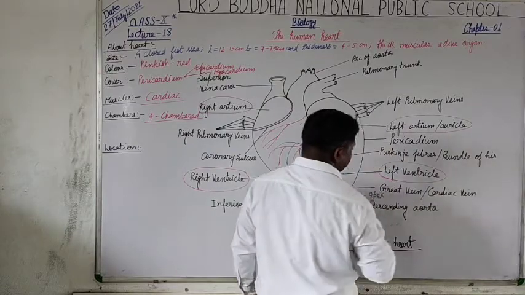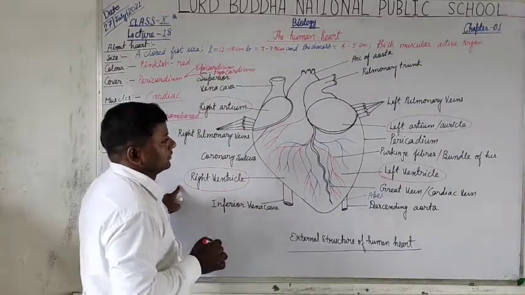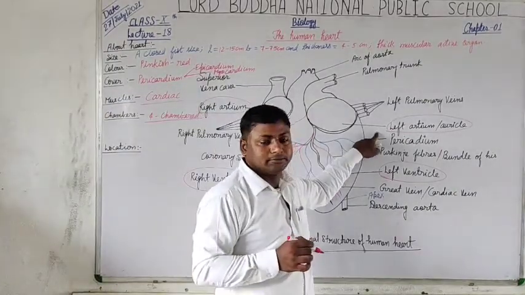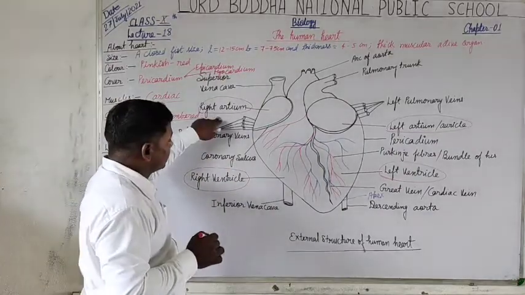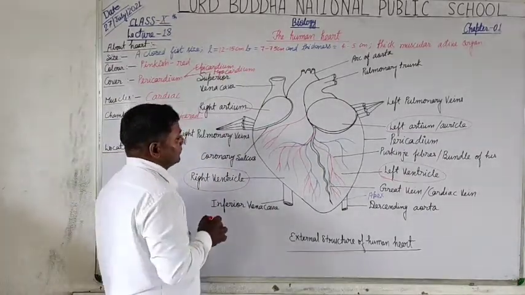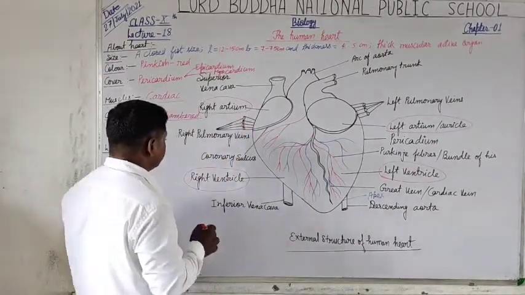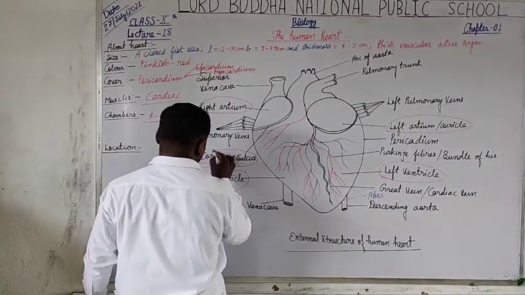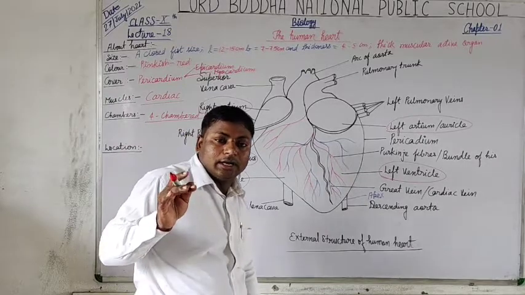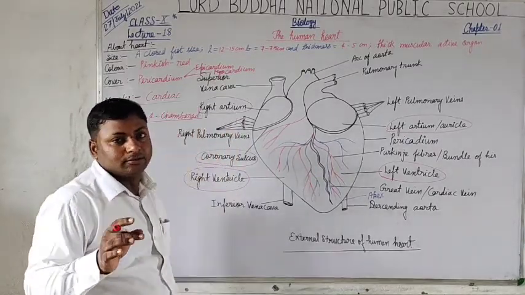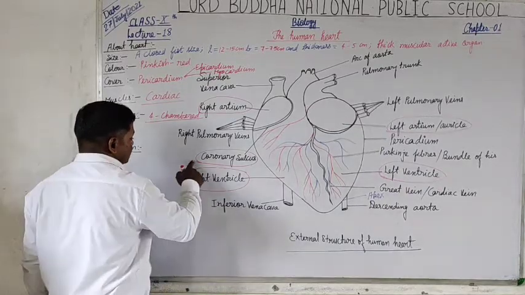And the next is the left ventricle. Thus, these are the 4 chambers of the human heart: auricle and ventricle. The auricle and ventricle are separated from each other with the help of the coronary sulcus.